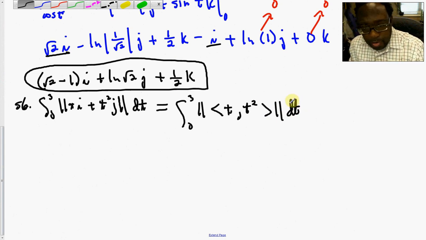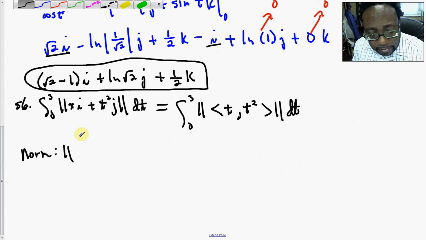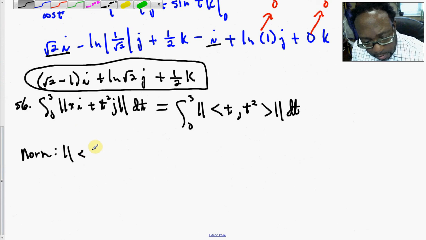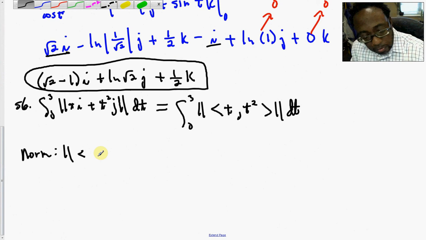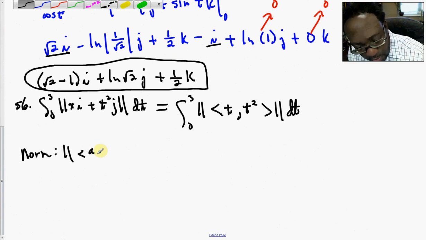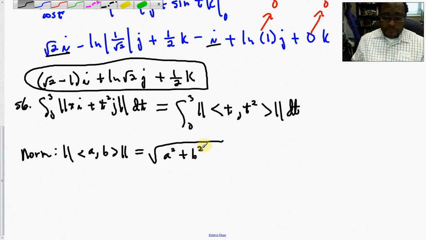So to find the norm of something, you recall that the norm, say for example, of some vector a comma b is said to be the square root of a squared plus b squared.